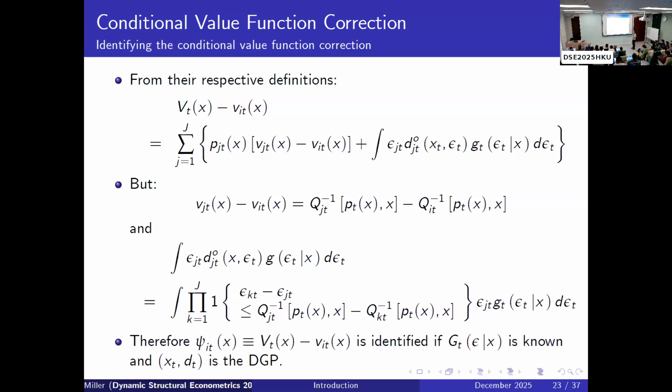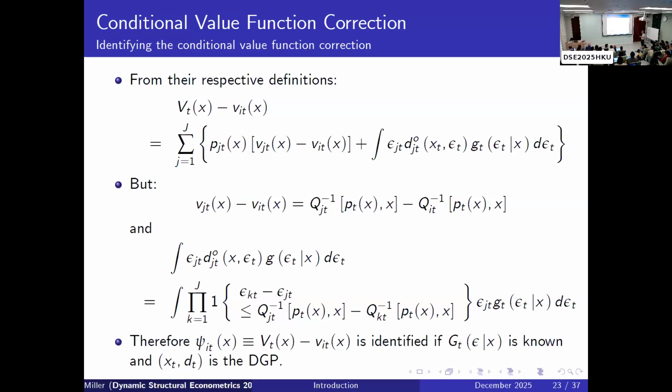If we know this distribution, notice big if. If we know, or in other words, put a parametric form that we model in there as an assumption, like type 1 extreme value, then the P's are observed, and then we can do this integration, and so we know what the value of this thing is.